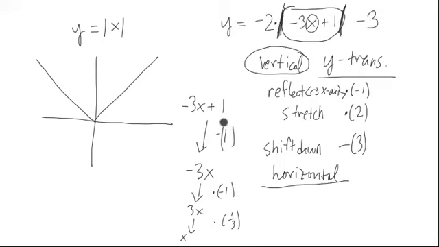If all the x values go down by 1, that means you're shifting to the left. So the first thing we do is we shift to the left by 1. Next thing we do, we multiply all the x values by -1. What happens? Multiplication by -1 is like a reflection, but this time across the y-axis.